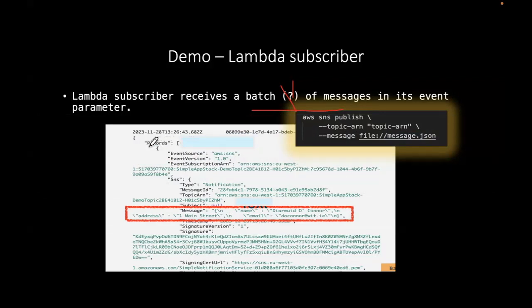That array is contained within a records property within the event parameter that's passed to your Lambda function. I'm not going to run this demo because it's kind of trivial, so we'll just move on.